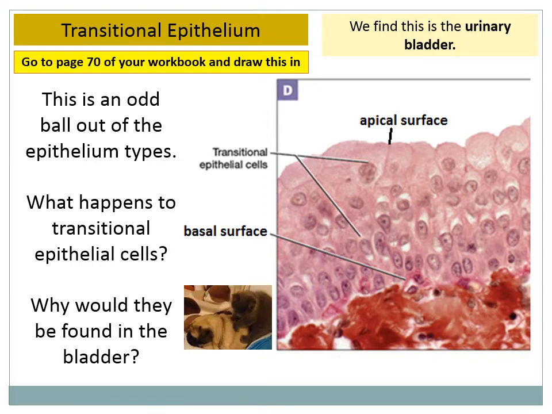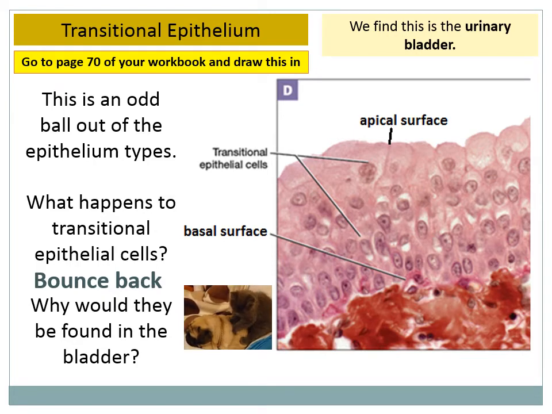You see that little kiddo? He's massaging the little squishy dog. Transitional cells are going to bounce back. We're going to be able to squish them down and they're going to bounce back. Okay? We find transitional epithelium in the bladder.